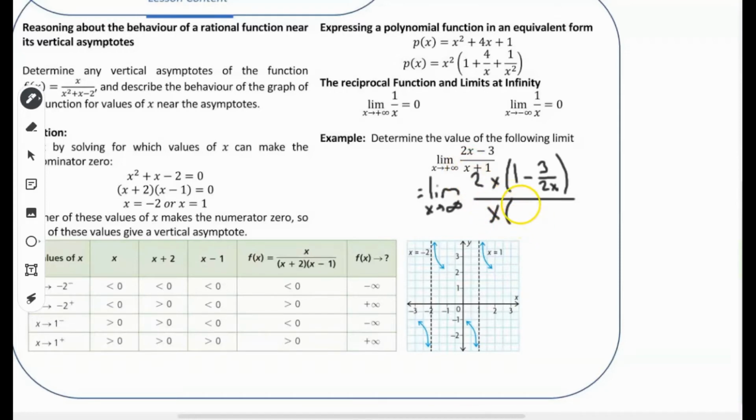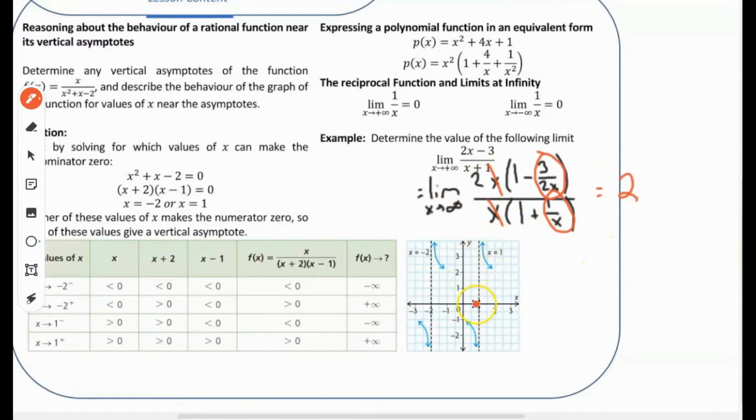And that's going to leave me with 1 plus 1 over x. Now you'll see right here, our x's will actually cancel. And if we apply this limit in the brackets, these limits here are both 0. So this limit as x approaches infinity reduces to 2.